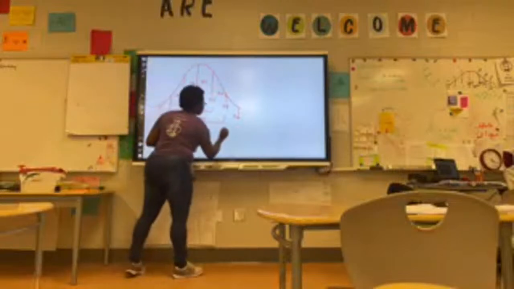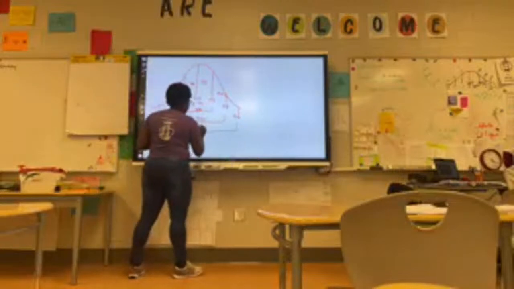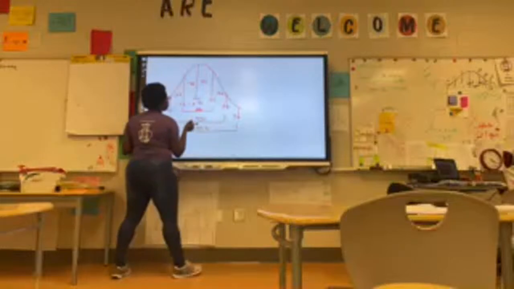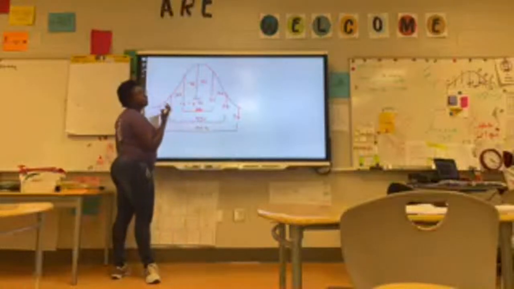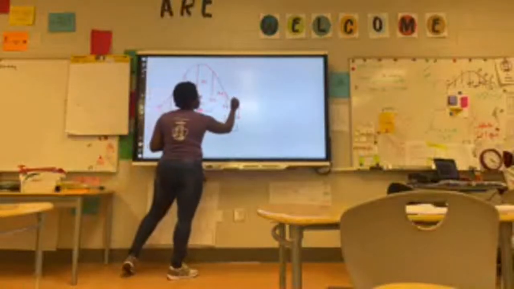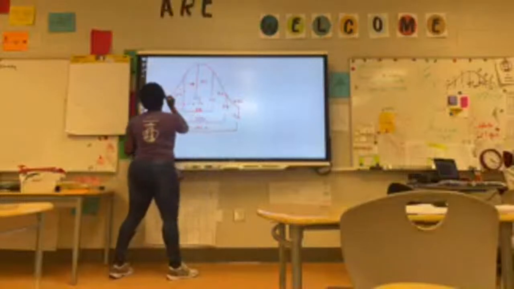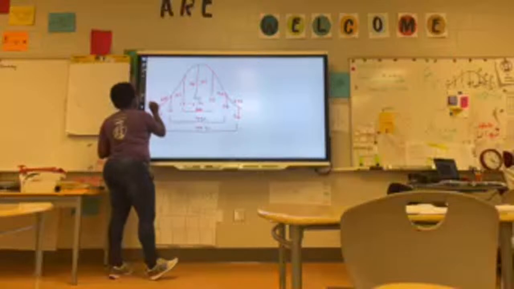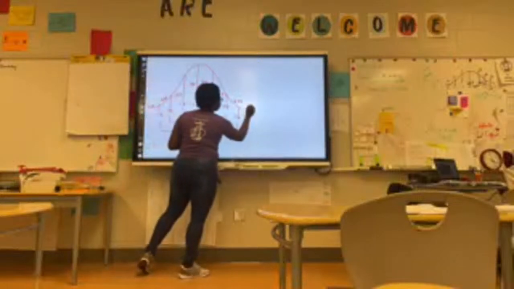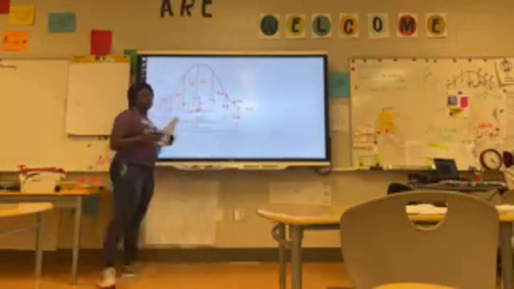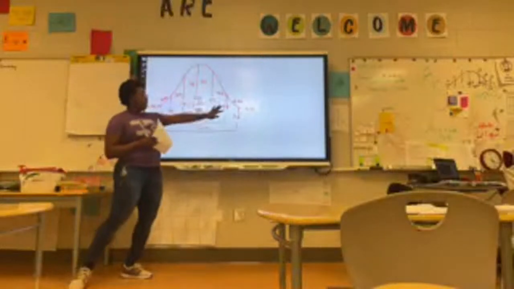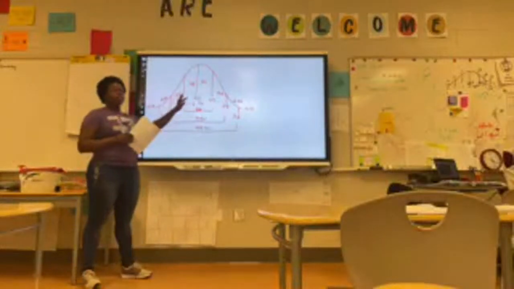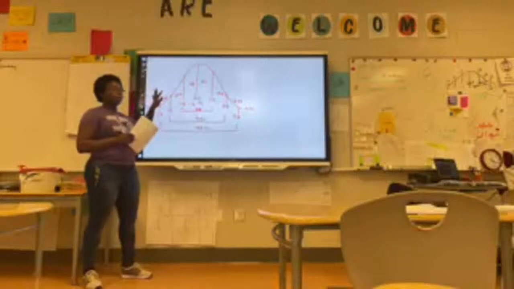This part here is 99.7%, which means it's going to be 49 point something. So here is 2.35, and here is 2.35. Outside of it, it'll give you 0.15. Outside here, 0.15.